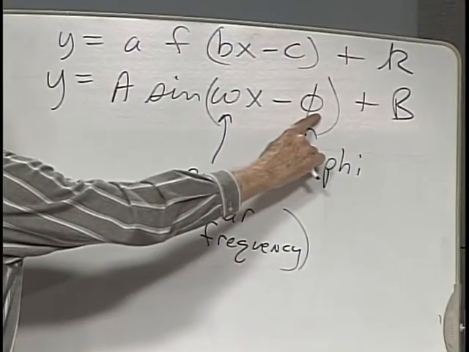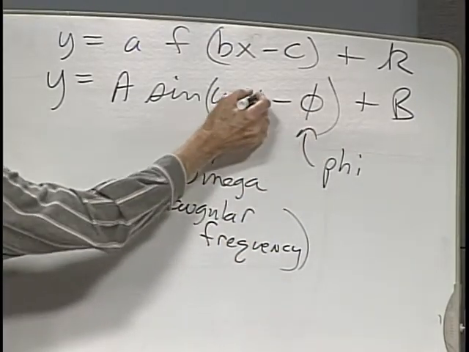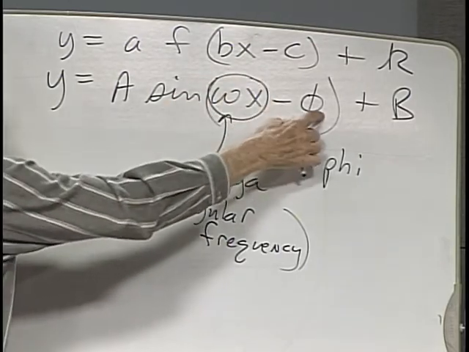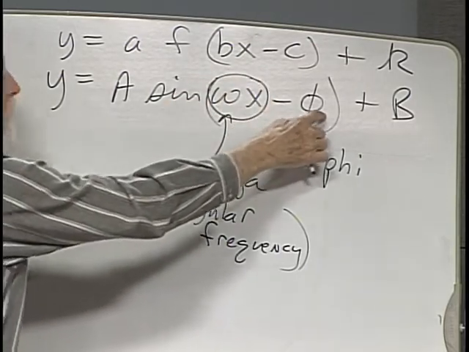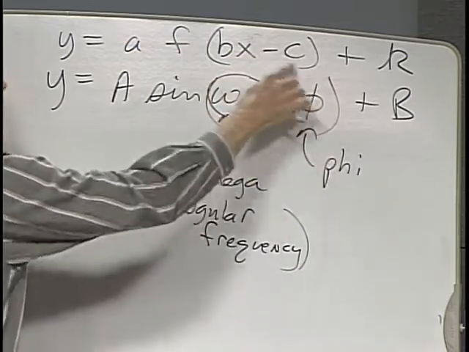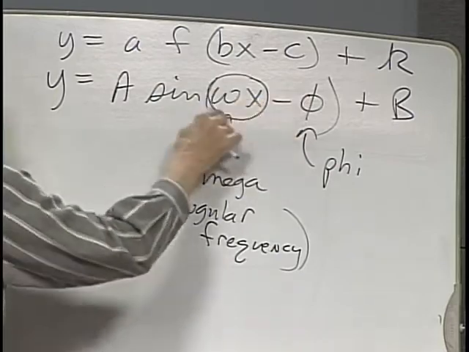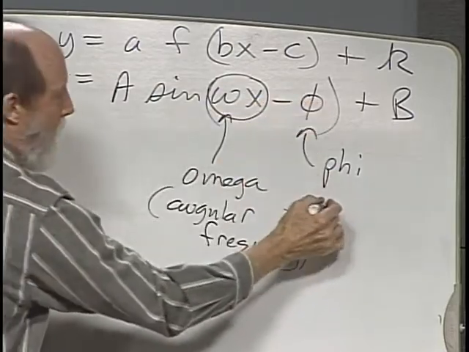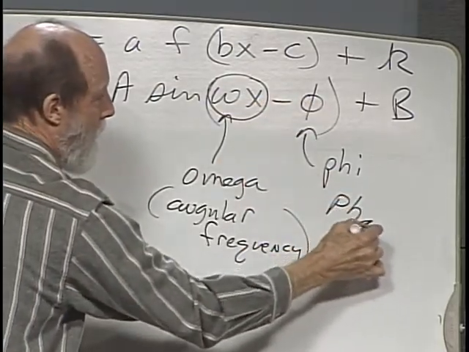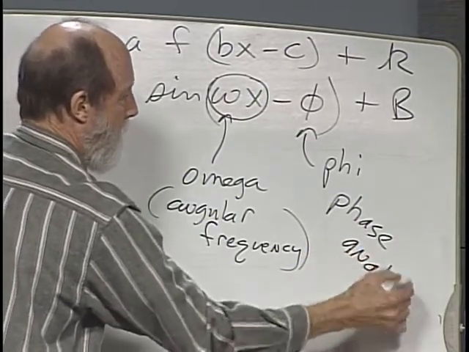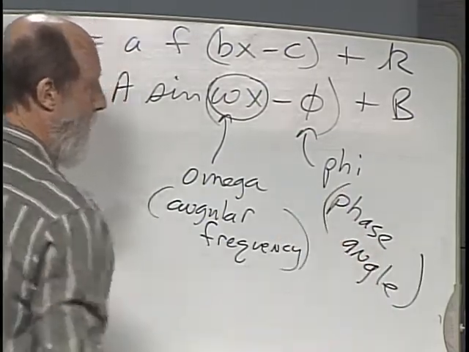This angle sitting over here. See, what we have going on is we have omega x as an angle, and we're subtracting another angle from it to create an angle which is this input here, which is the angle inside the sine function. That thing is called a phase angle.